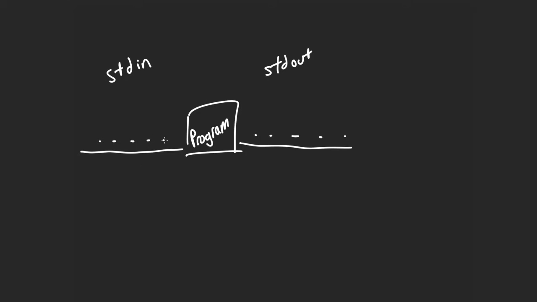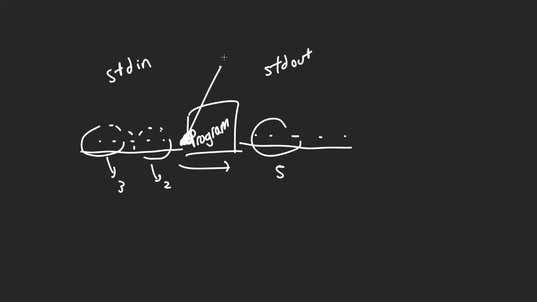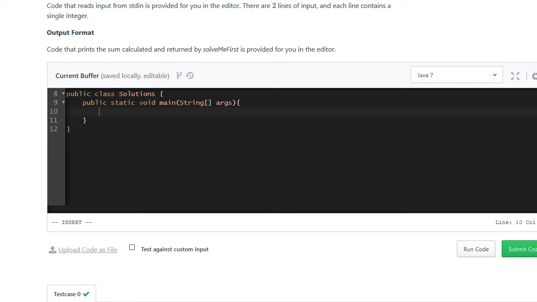Maybe all of this was a 2 and all of this, these dots I just mean data, was a 3, and then after they've gone in, we've output 5. And this entry point where we start is our main. You can see that's what we've written here. That's where the program starts.